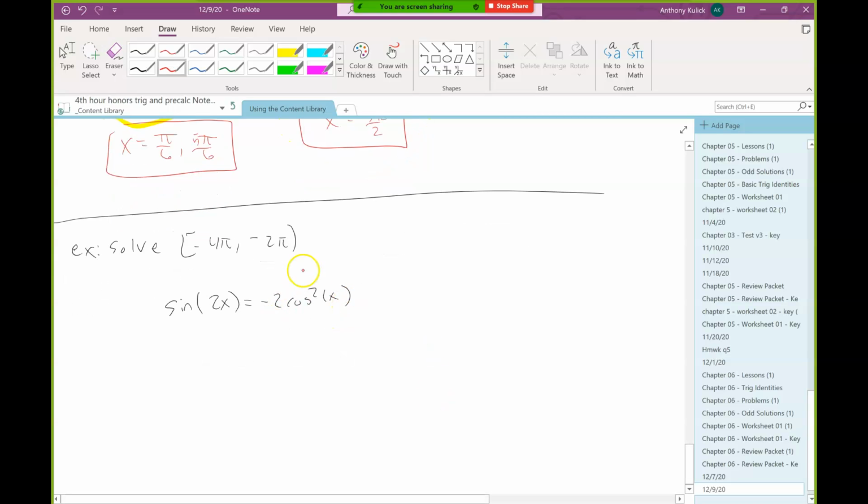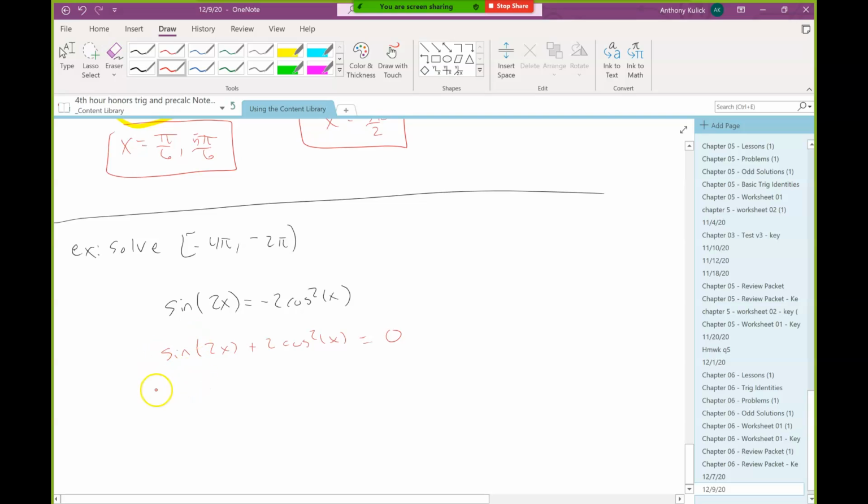So the first thing I'm going to do is get it equal to 0. So I'm going to add 2 cosine squared x to both sides. And again, I'm kind of in a lurch here because there's no way to combine this cosine squared and sine together.